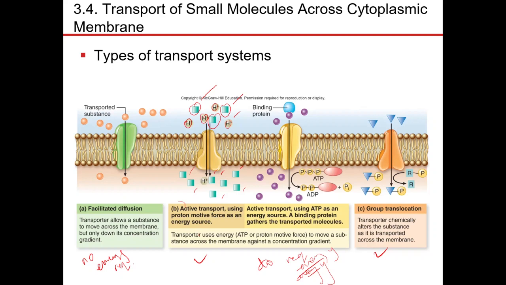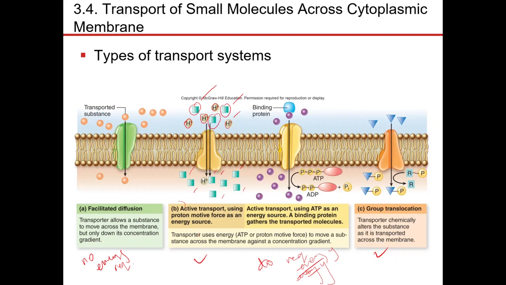If you're swimming along the current, then it requires very little energy input from you. You just have to float and the water takes you down. But if you're going to swim against a current in the water, then you have to fight against the power of the water flow. So that's what's happening here. You're trying to bring molecules against a concentration gradient from low concentration to high concentration.